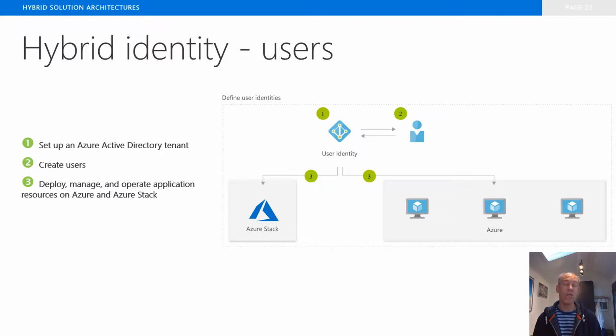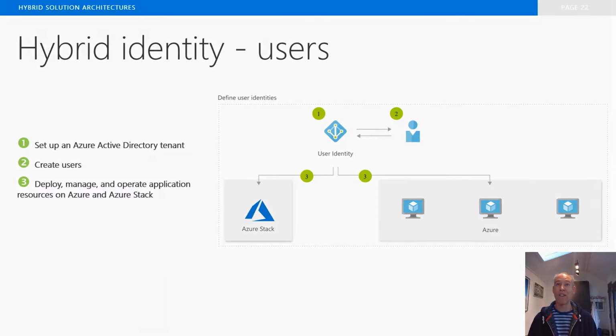If you did not do that and you're using ADFS, it's possible to use things like service accounts or maybe deploy your own internal Active Directory that spans both Azure and Azure Stack to do that. But with Azure Active Directory, this is very simple. You can create a user or a service principal that can deploy, manage, and connect resources that sit in either.